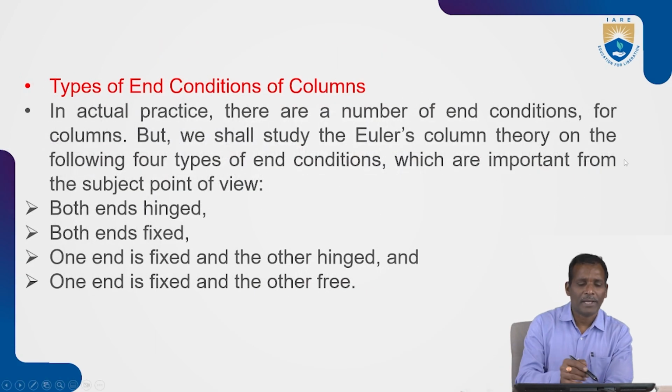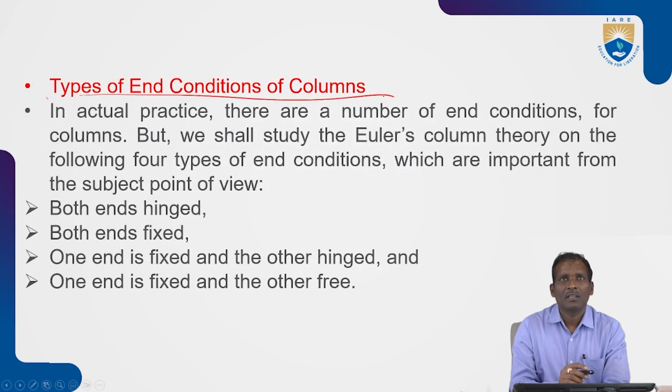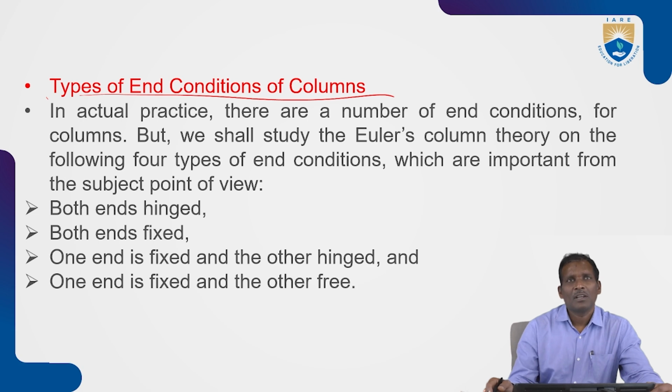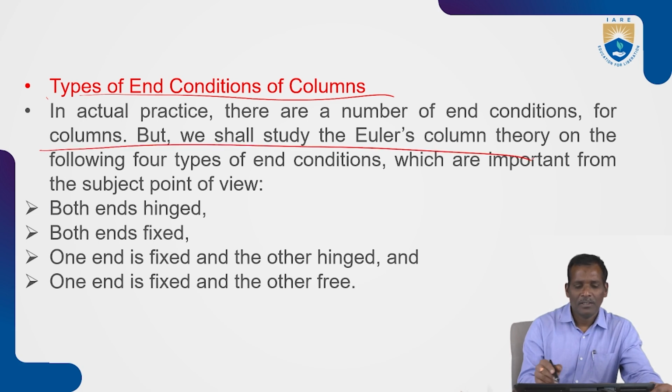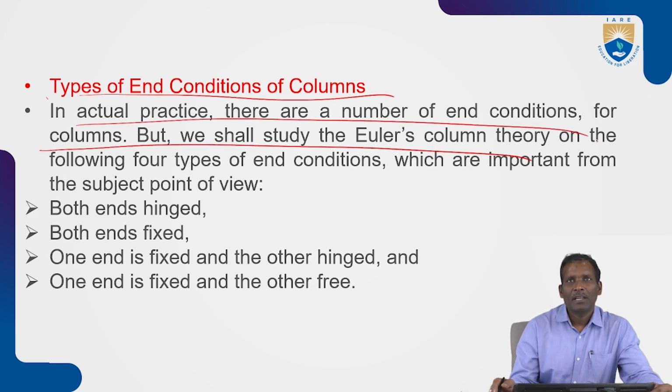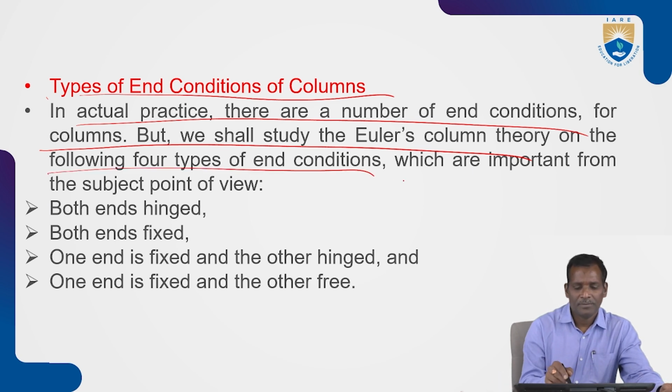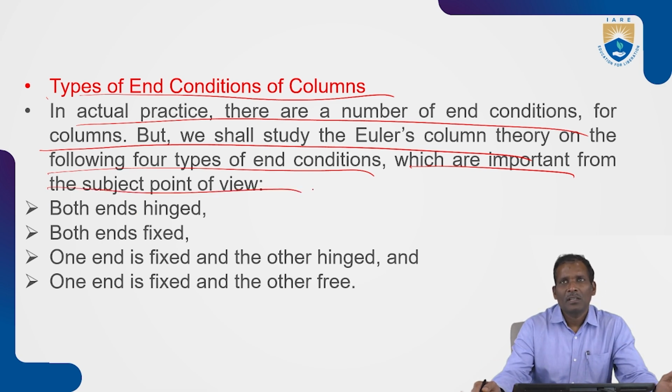Next, types of end conditions of columns and struts. In actual practice, there are a number of end conditions for columns, but we shall study Euler's column theory on the following 4 types of end conditions, which are important from the subject point of view.